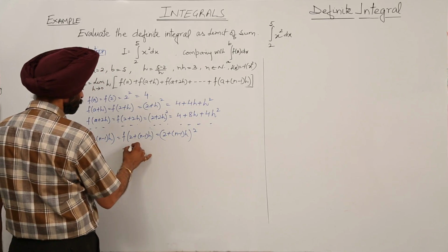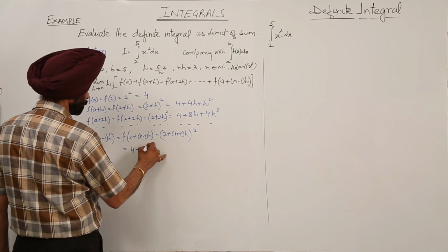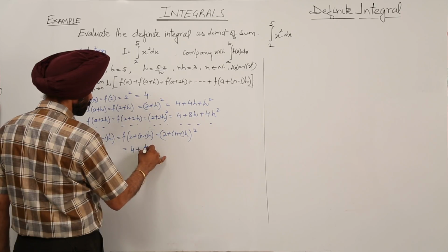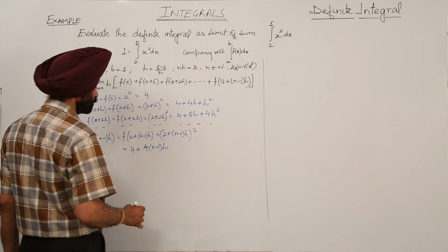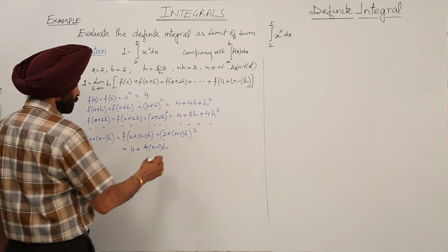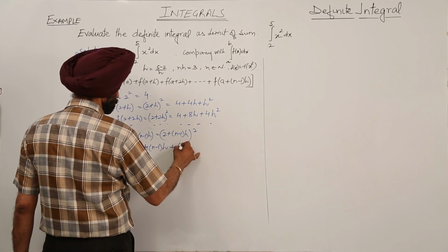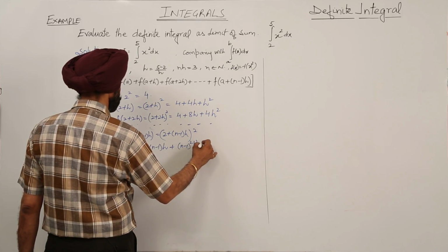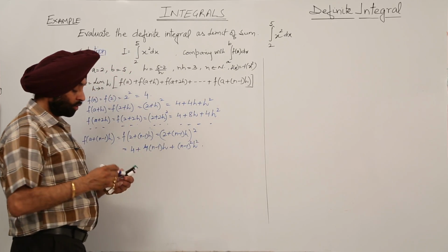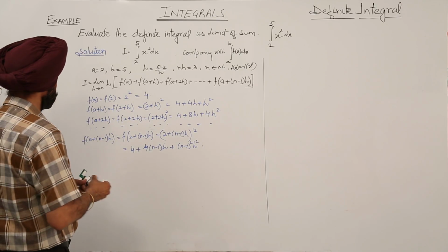Now this is equal to 4 plus 4(n minus 1)h plus (n minus 1) whole square h whole square. Now putting these values in the theorem.